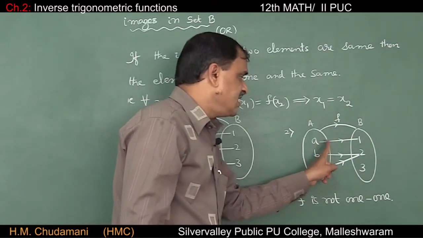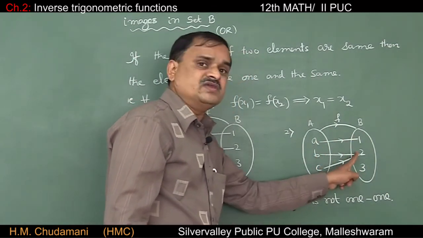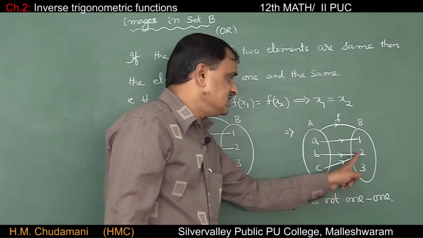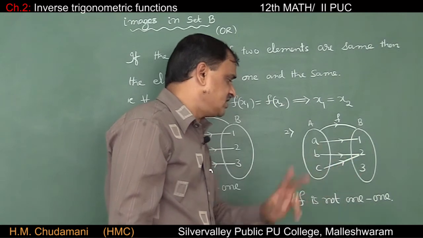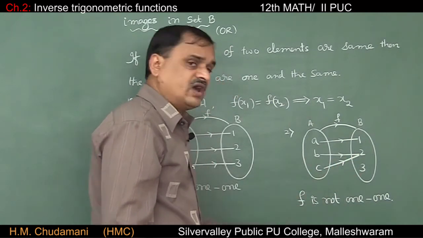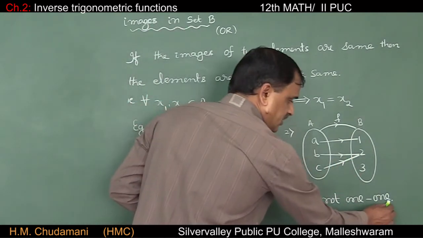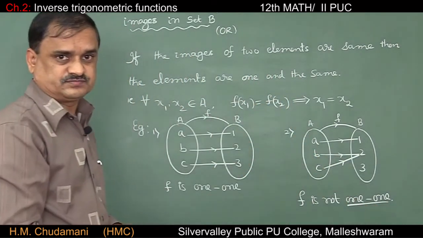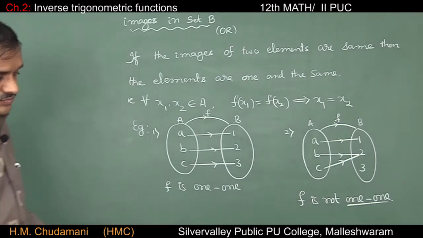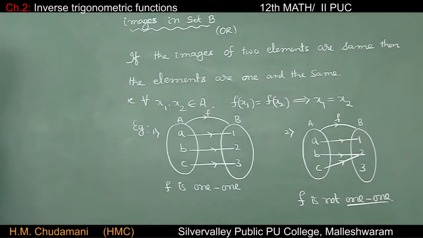Image of A is 1, image of B is 2, image of C is 2. So observe here, B and C associated to 2. F is not 1-1 function. Of course, it is a function but not 1-1 function. In fact, it is a many-one function.